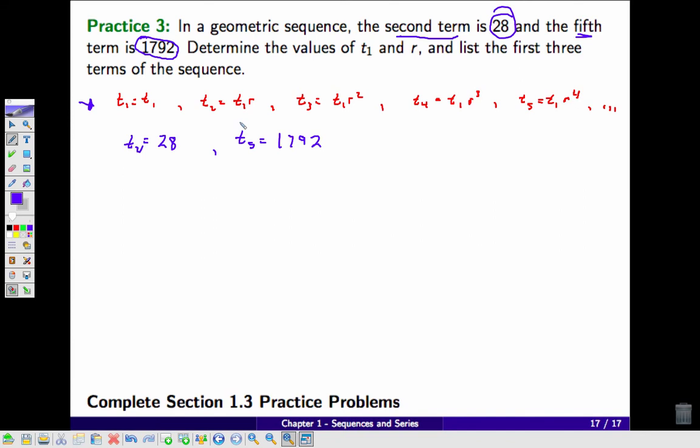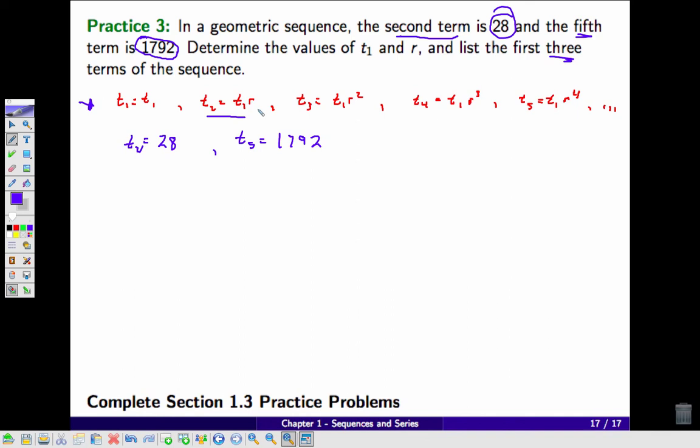Now I have written up here, I apologize, a way to find R in a very sneaky way, okay, or T1, depending on what you want to solve for. I'm going to find R in a sneaky way, and then to get T1, and then we can generate the first three terms with R and T1, right?